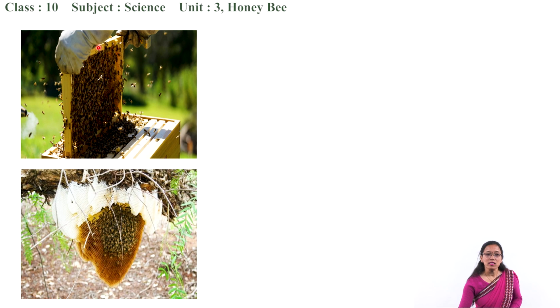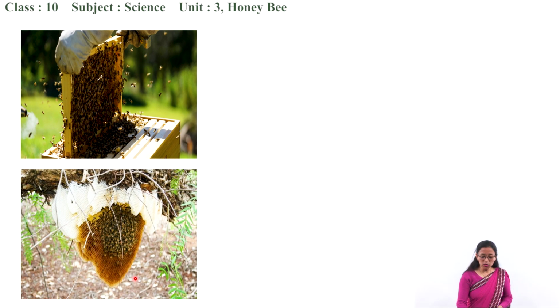In the below picture you can see there are so many honeybees hanging on this tree. Yes, this is the branch of a tree where a honeycomb or hive is hanging. There are so many honeybees grouping in this hive.